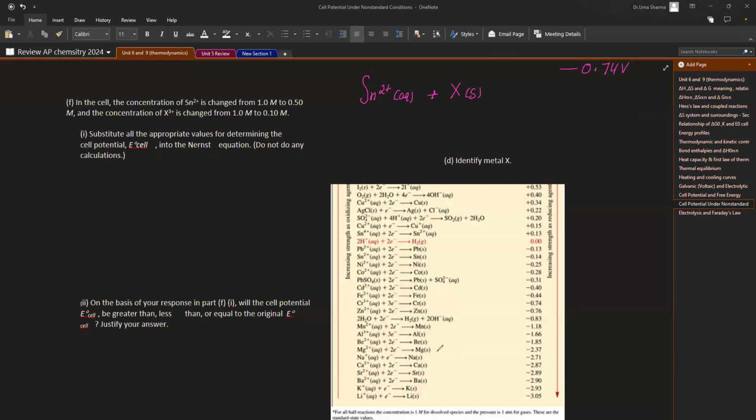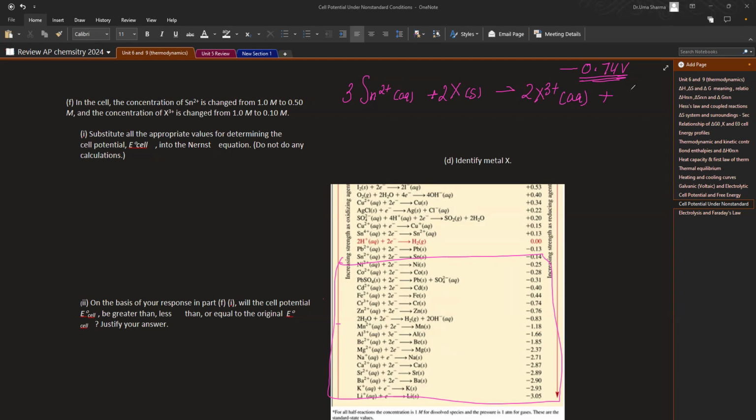Remember we calculated it in one of the questions. Can you identify from here which element this is? Which element has this reduction potential? Yes, it's chromium. So understand, children, reduction potentials are the identity of the element.